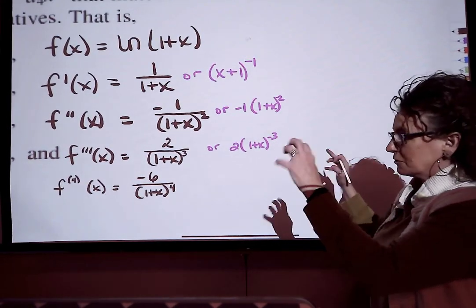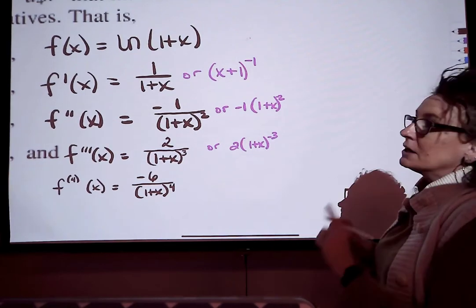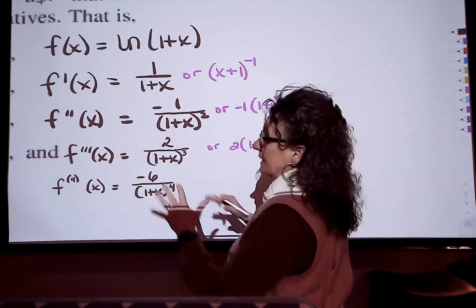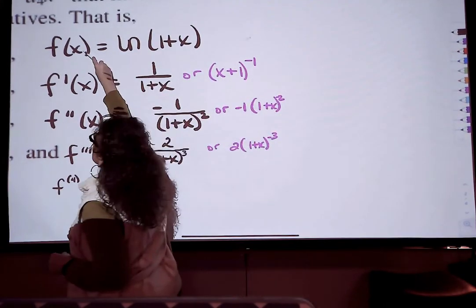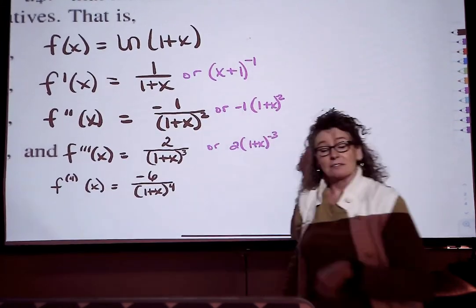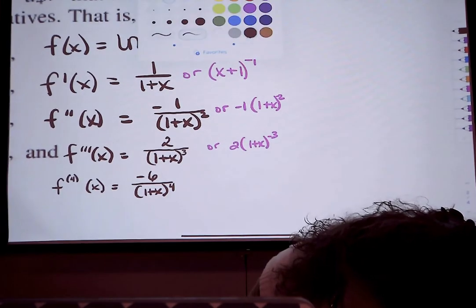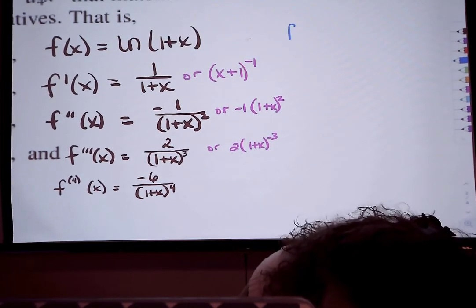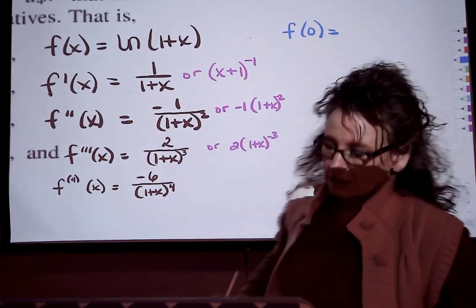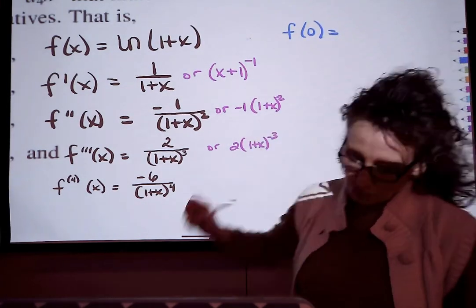Okay, so it said go to the fourth derivative. I did. Now, in everything, in my original and in each of my derivatives, we need to sub in 0. So f of 0 is natural log of 1, which is 0.